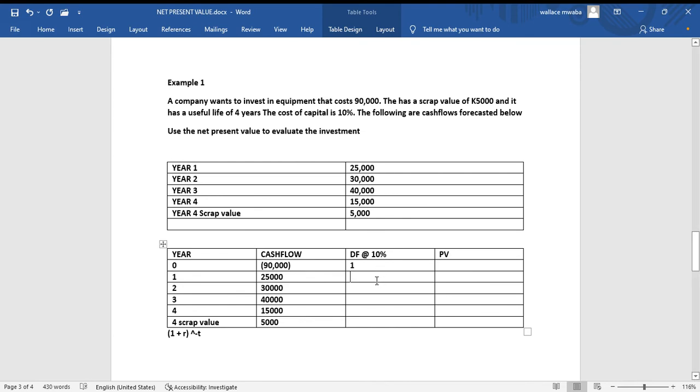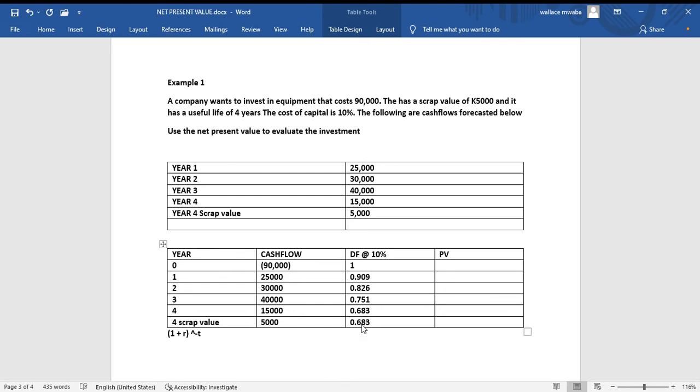Year 1 is 0.909, year 2 is 0.826, year 3 is 0.751, and year 4 is 0.683.